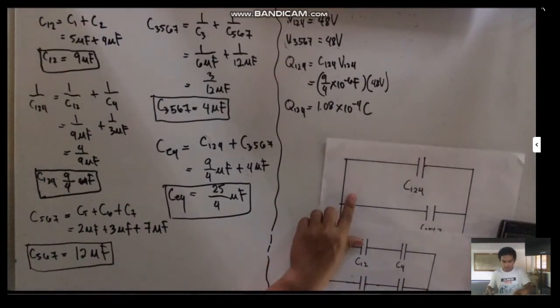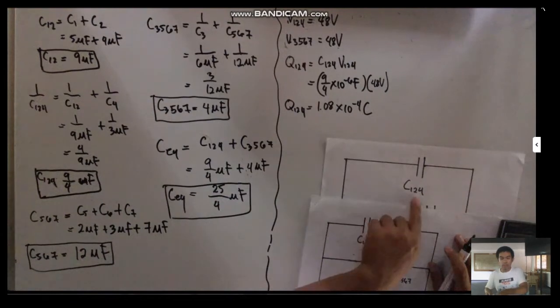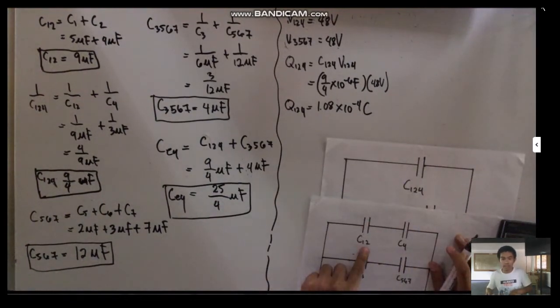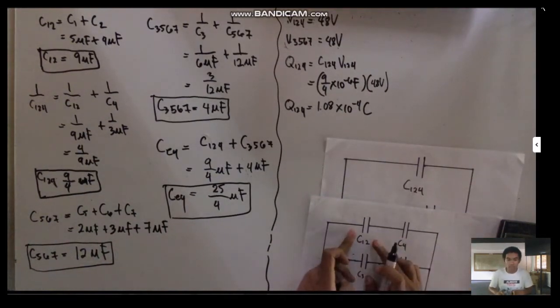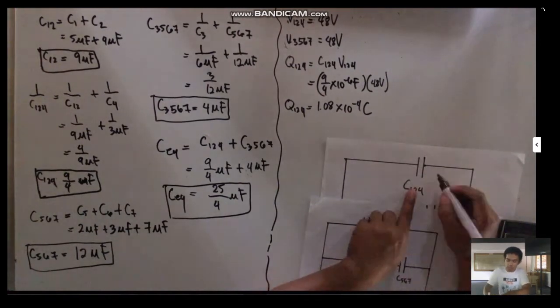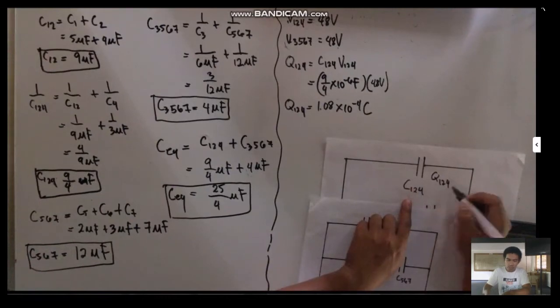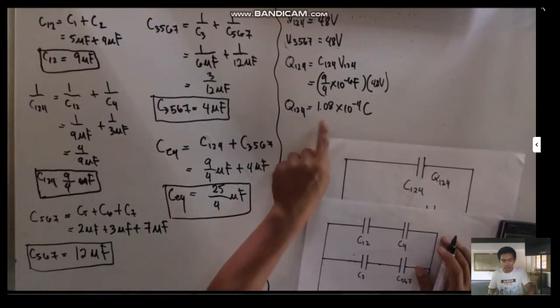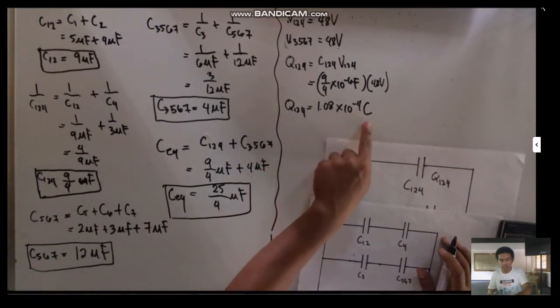So since C124 is the combination of C12 and C4, and C12 and C4 are connected in series, C12 will experience the same magnitude of charge as C4, which is equivalent to the charge Q124. So we have charge Q124, which is 1.08 times 10 to negative 4 coulomb.